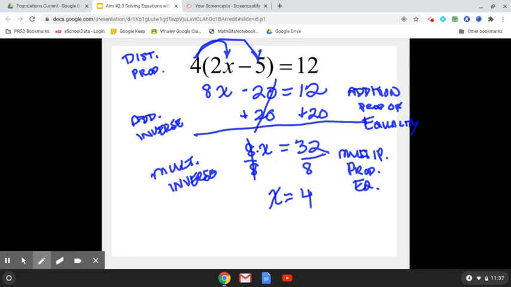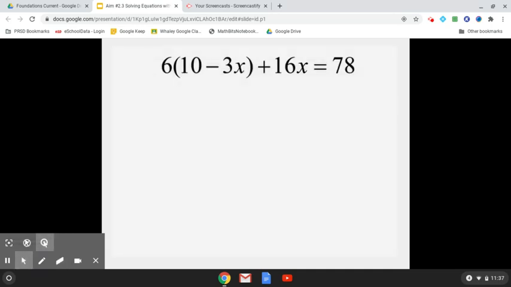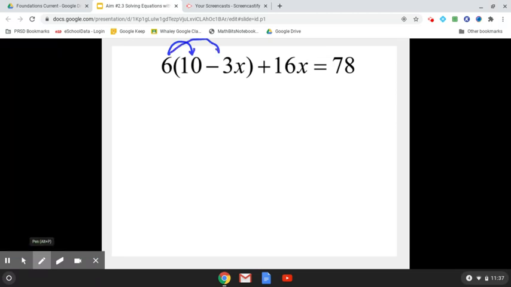All right, one more together. That's going to look at another property that we've done. Take a look at the following example. Okay, I see definitely the distributive property, but I also see something else going to happen here in a second too. 6 times 10 is 60. 6 times negative 3x is negative 18x. But look at here.